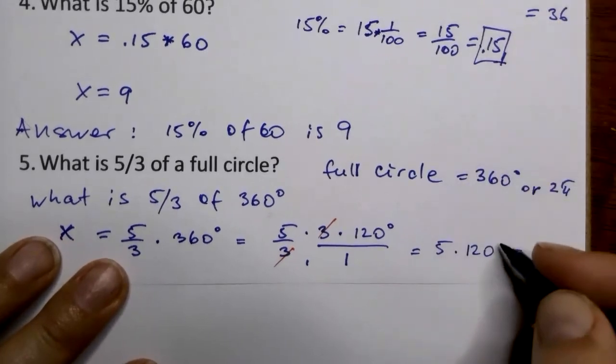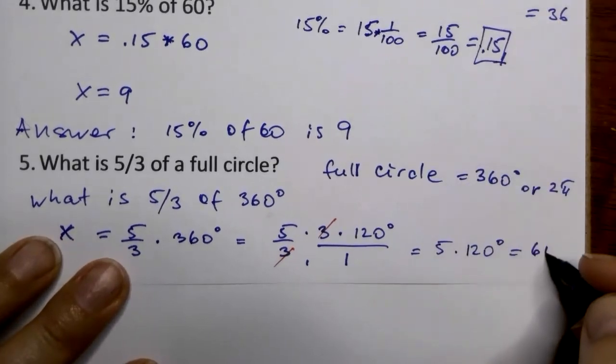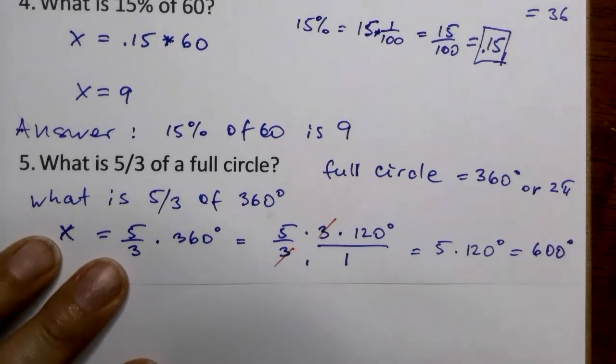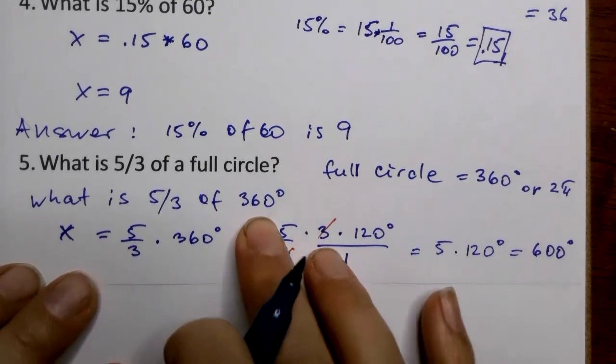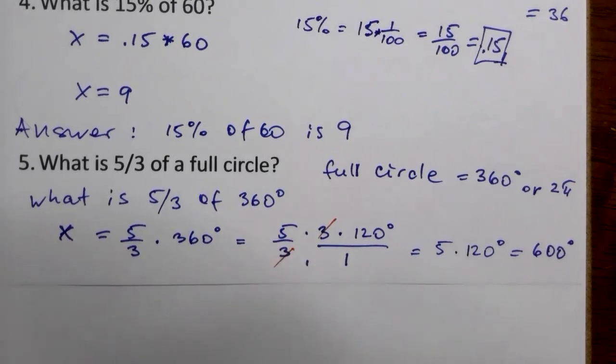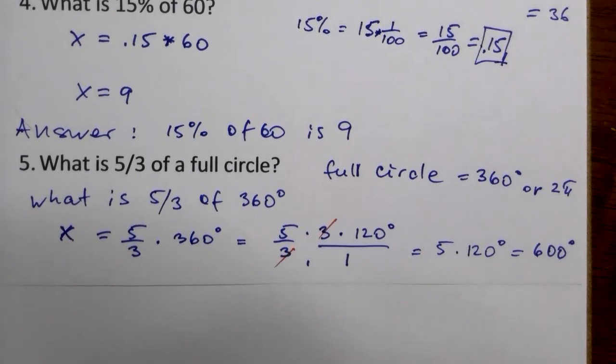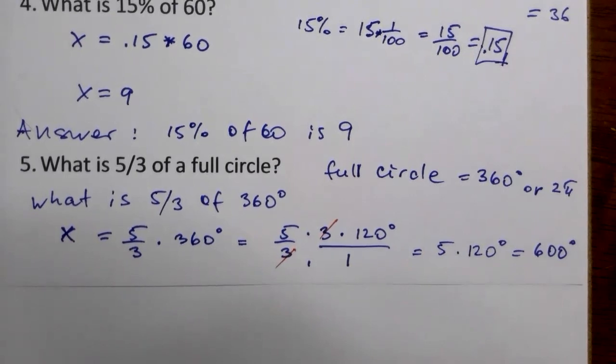And that's going to be degrees, and that's going to be 600 degrees, which is, like we said, bigger than one full circle. All right, so that's how you figure out a portion of a number, or a value, or whole. That's the procedure.